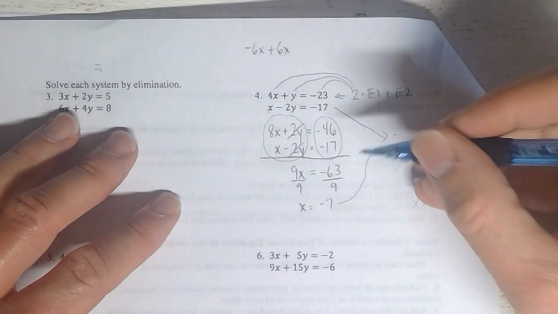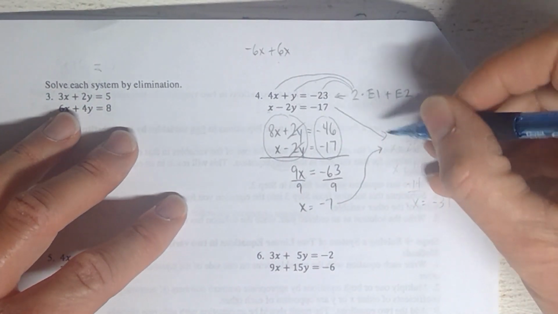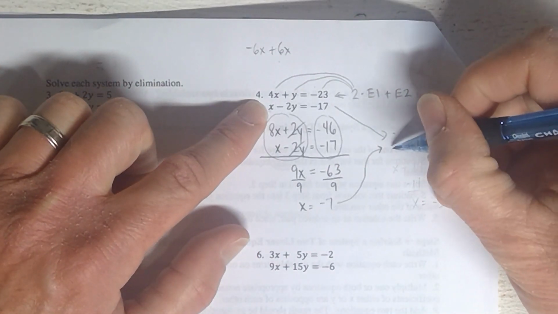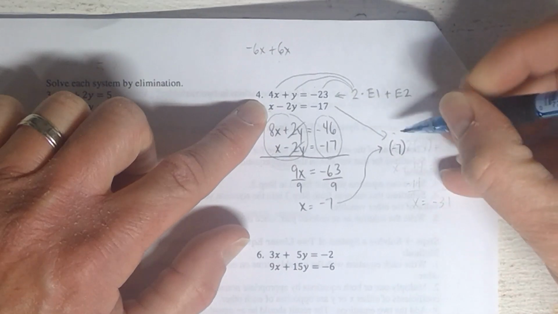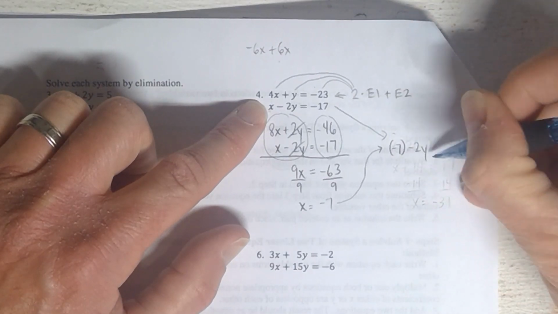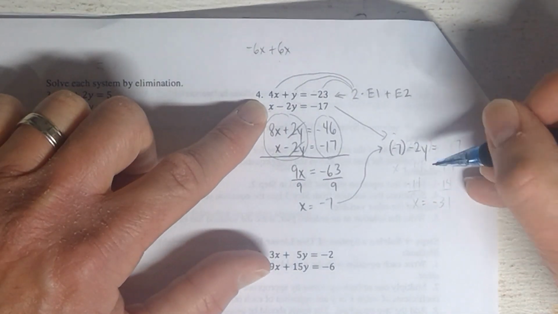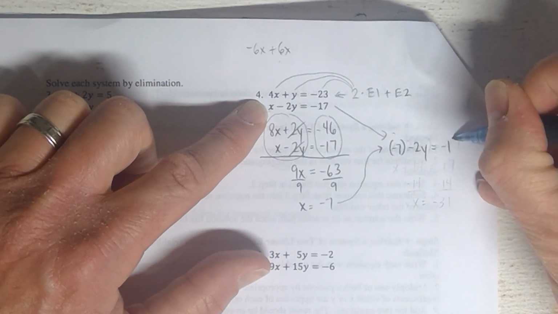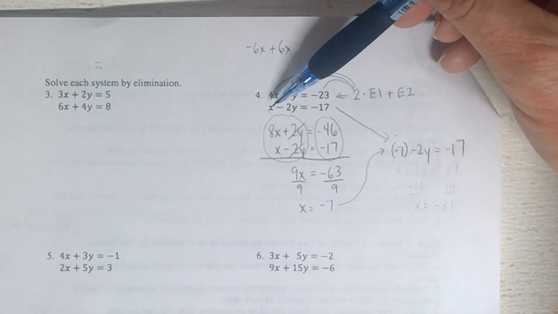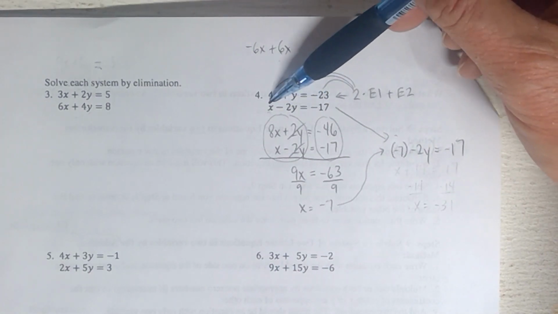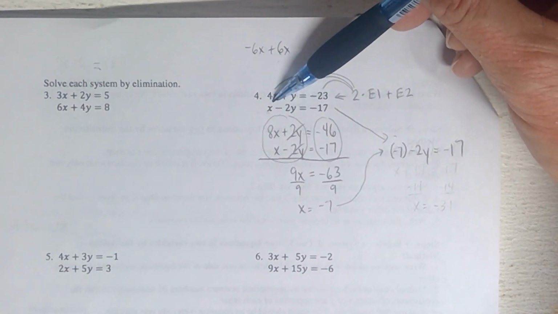So I'm going to go ahead and, like I said, pick this equation right here. Any equation with both variables in it will do. Plug in the negative 7 right there. First thing you need to do anytime you plug a number into a polynomial equation, and I say polynomial equation because this is a polynomial right here, it's just 2 terms being subtracted. No parentheses.